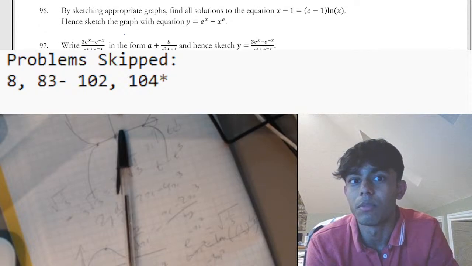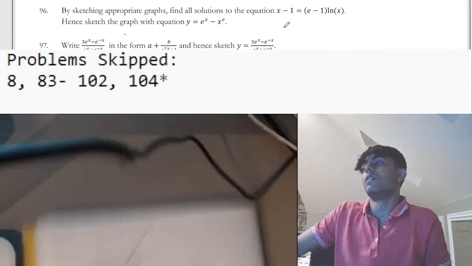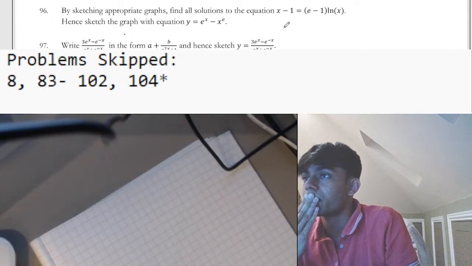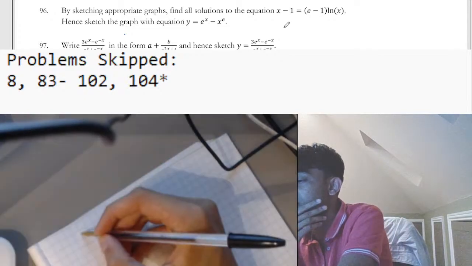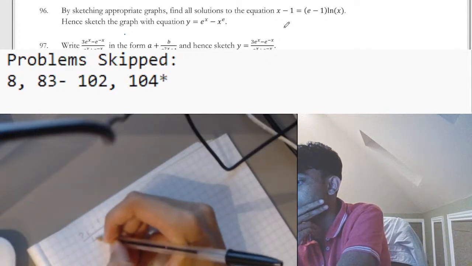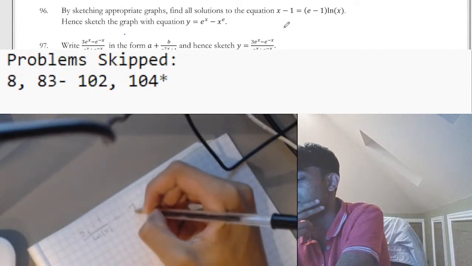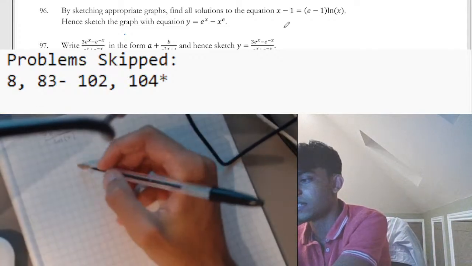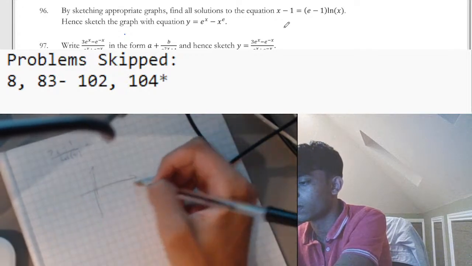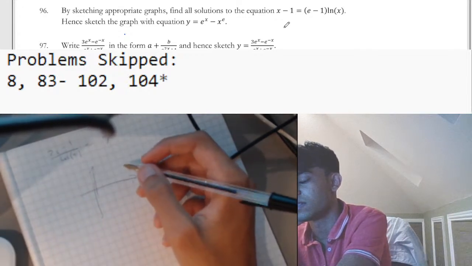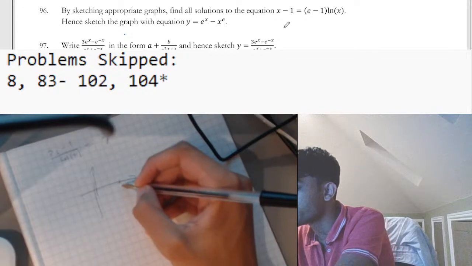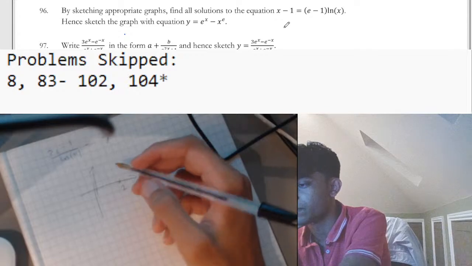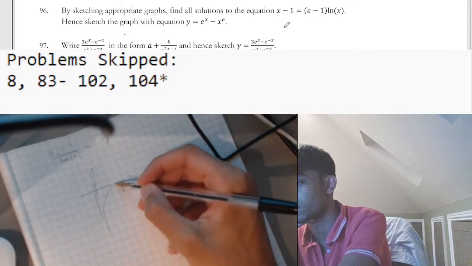Okay, fine. Sketch this graph. We want to sketch x minus 1 over ln x, and then find when that's equal to e minus 1. At x equals 1, it's going to be 0. At x equals 0, it's not defined, but it's going to be negative, so it's going to be something like this.